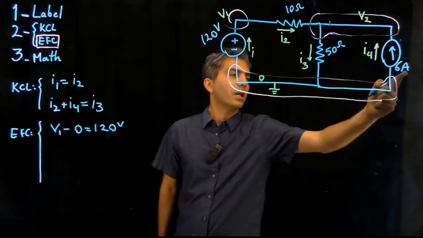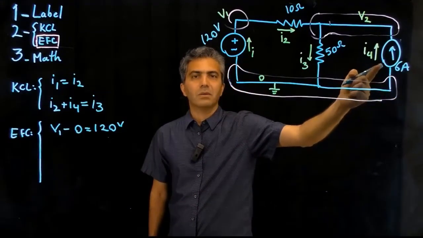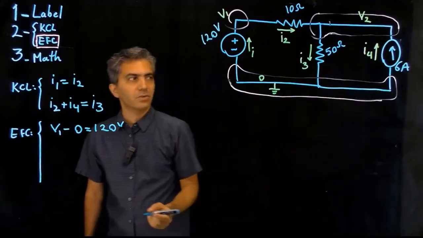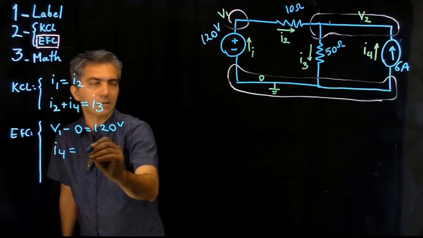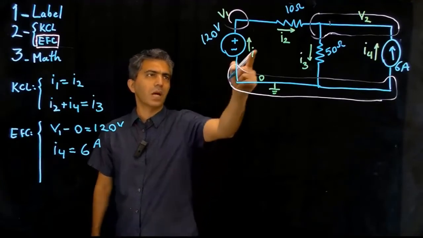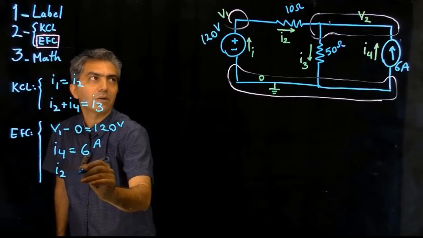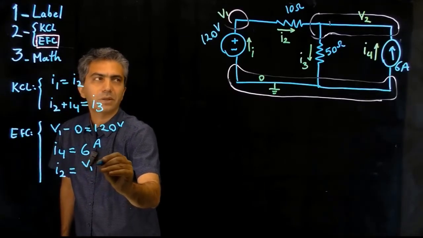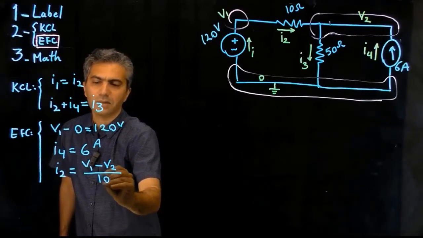So for that component, the equation that describes the physics of that component is basically the current that is passing through. So I4 is passing through, and that is equal to 6 amp. Now we move on to the 2 resistors. So for the 10 ohm resistor, I2 is equal to V1 minus V2 divided by 10.